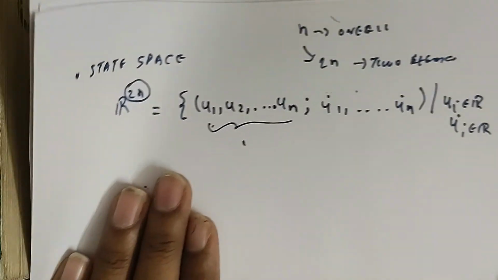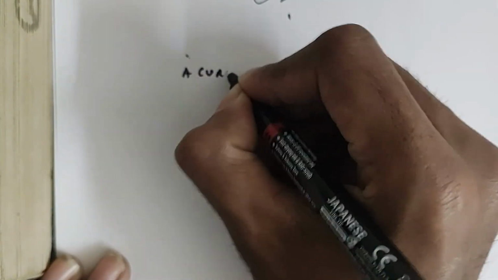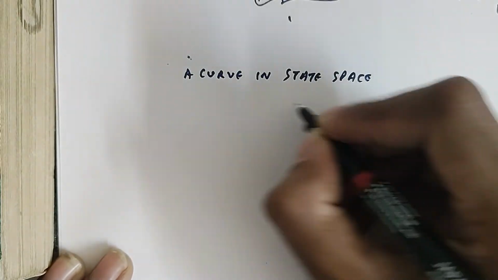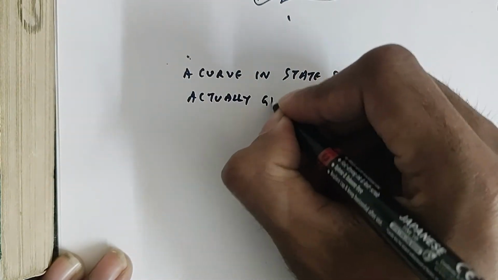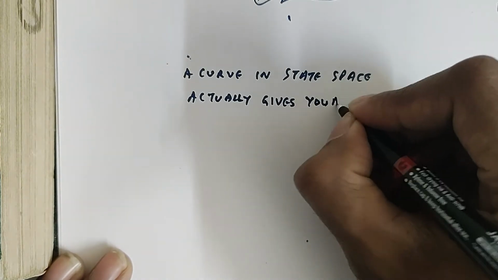And mathematically I just described a state space. Now look, I want you to understand very carefully. Please listen to it. A curve in a state space actually gives you a motion. How surprising it is, from what we just learned from the configuration space. A curve in state space actually gives you a motion.